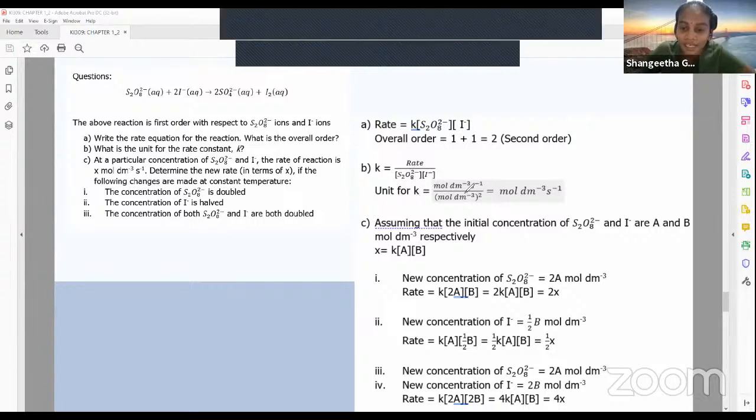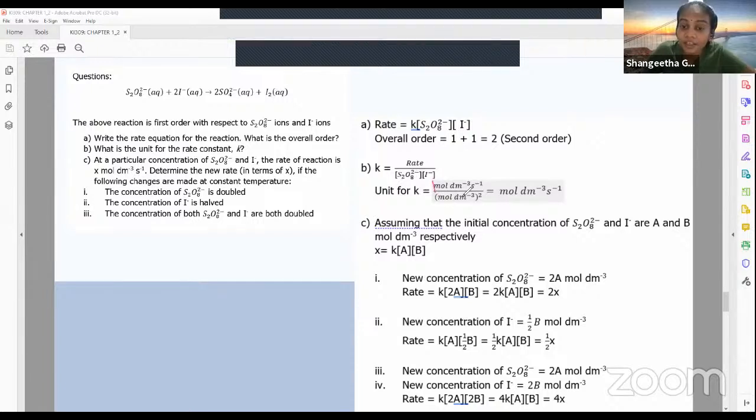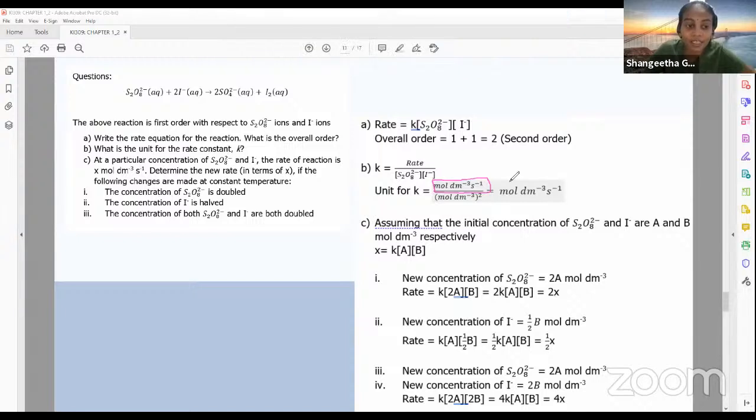As I mentioned earlier, your rate unit is always the same. It is concentration per second, so mole per dm cube per second. The concentration is mole per dm cube.